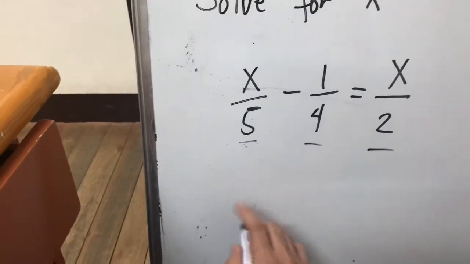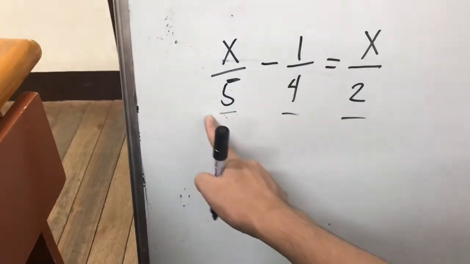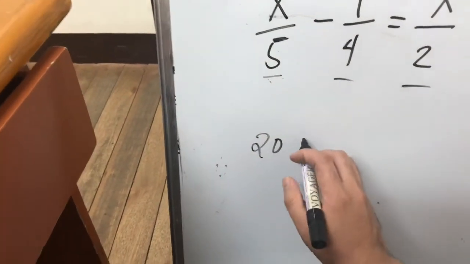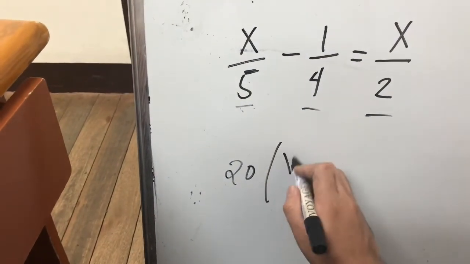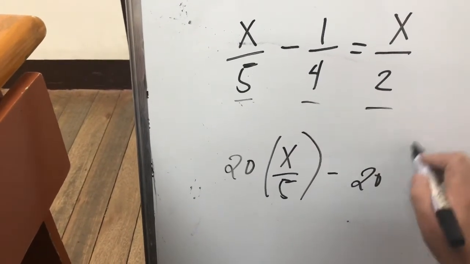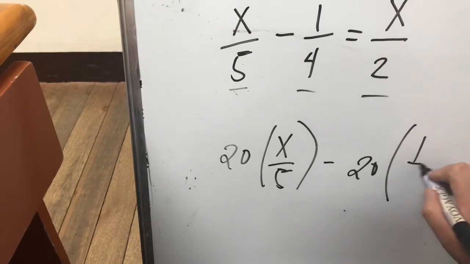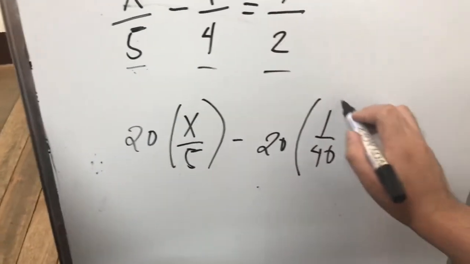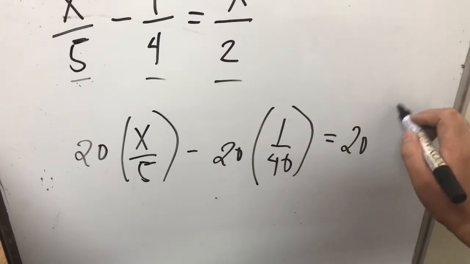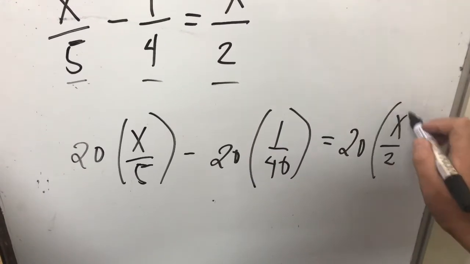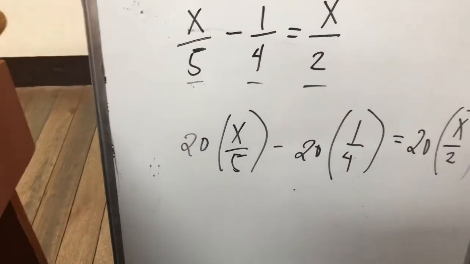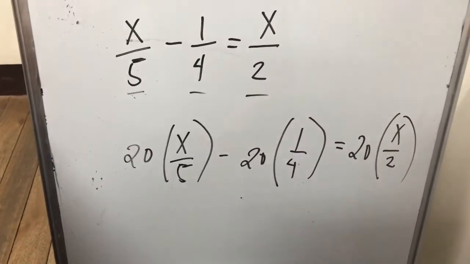We multiply it to each expression. So we have 20 times x over 5 minus 20 times 1/4 equals 20 times x over 2. Then, multiply.